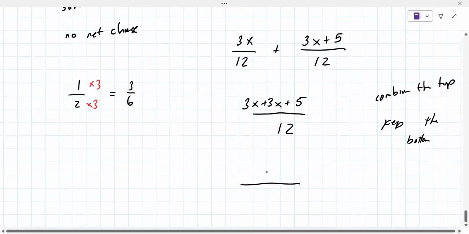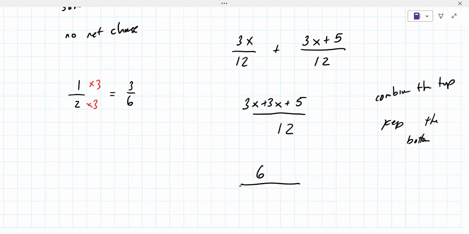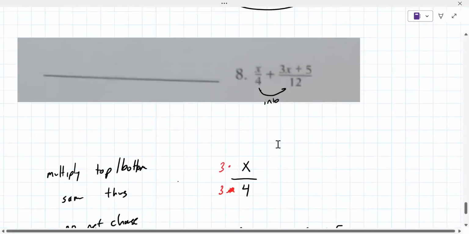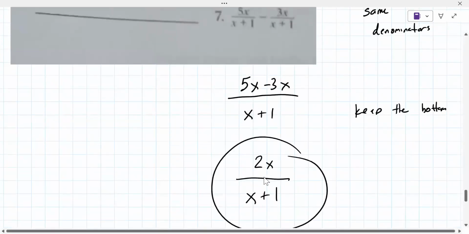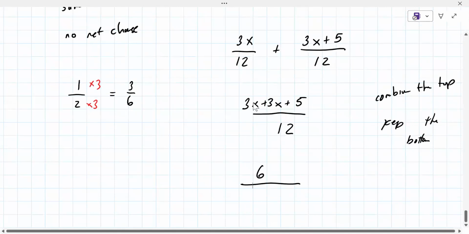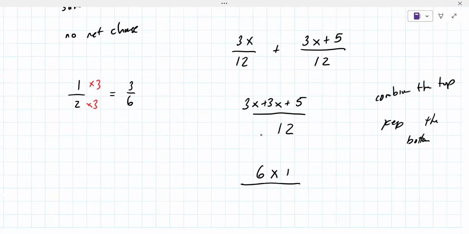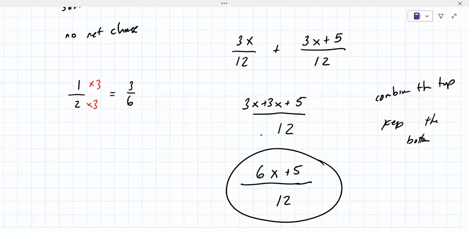What does that combine to? 6x squared? Nope, just 6x. Yeah, in the previous problem, 5x minus 3x is gonna become 2x. You're just adding. I've got 3 fish, I've got 3 fish, I have 6 fish.